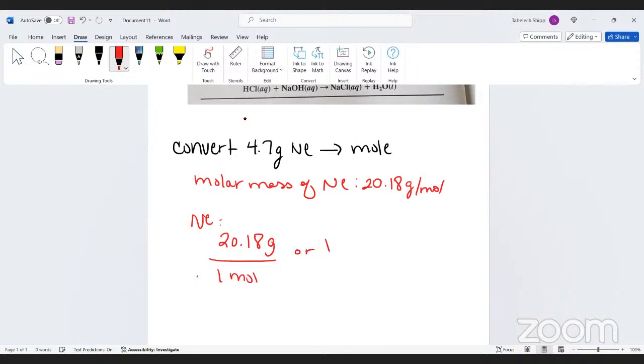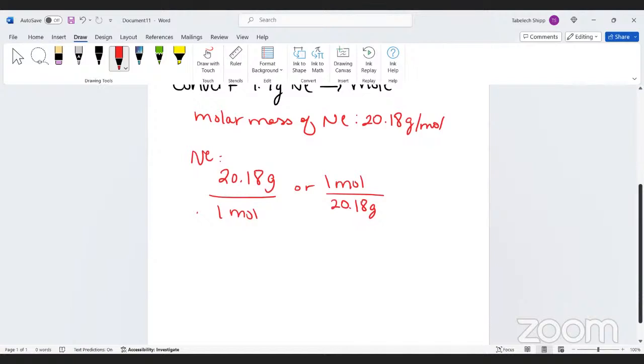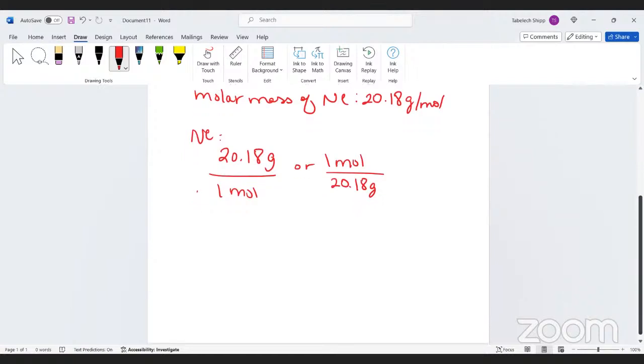I can also flip that and say 1 mole is equal to 20.18 grams. Depending on how you use it, you would use one or the other. It's no different than if I told you to convert 4 quarters to $1 or $1 to 4 quarters. It depends on how you're going to use your calculation. So I can either use the top or the bottom.